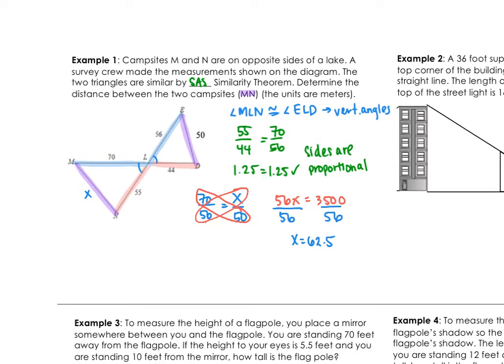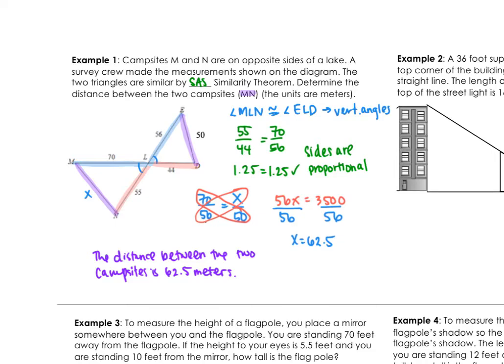Now to answer the question, since it's a word problem, I'm going to have a word answer. I'm going to say the distance between the two campsites is 62.5 meters.